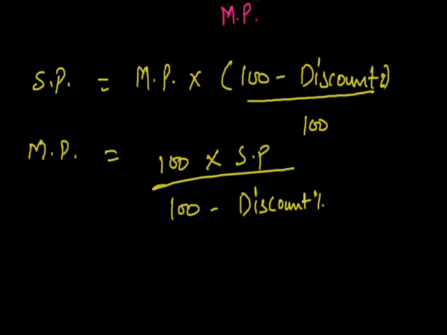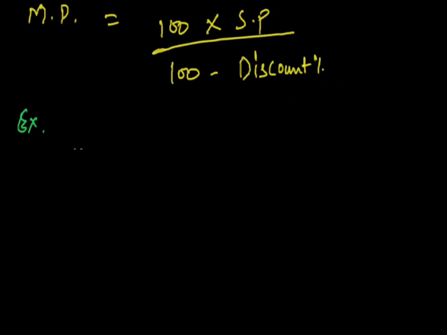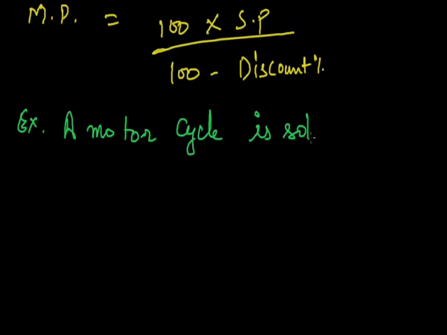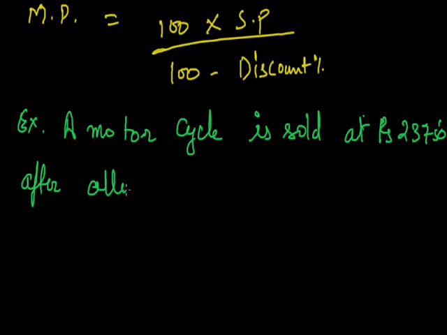Now let us understand the concept with the help of an example. A motorcycle is sold at rupees 23,750 after allowing a certain discount.